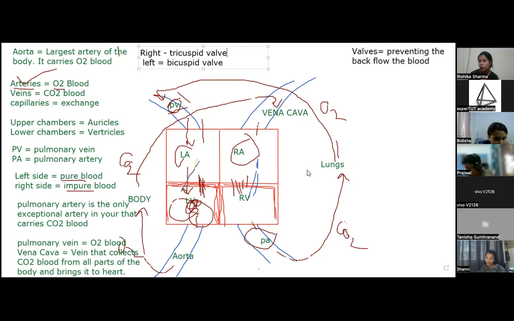No, we will be talking about the upper body and the lower body, but till now we haven't talked about it, so that is not the reason. There is a reason here only which I have taught you.